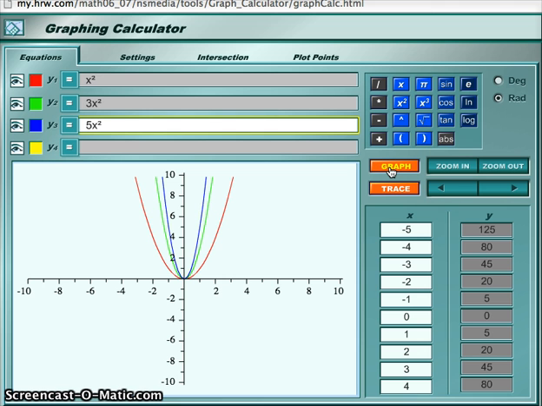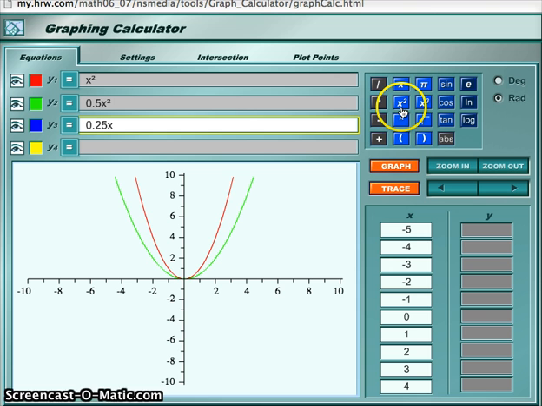It gets a little skinnier. So what would happen if we made it into a fraction? It gets larger. Or wider.